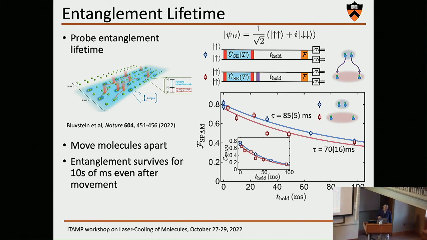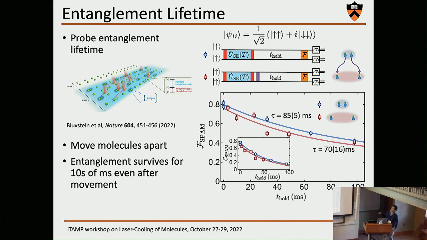Now, as Yumi mentioned earlier, dipolar interactions fall off pretty quickly, and you have a connectivity problem. One way to get around it is to first entangle the molecules and then move them somewhere further. So we checked how long the entanglement survives. We made this up plus down pair, and then we pulled it apart. We think of this sort of like an EPR pair.